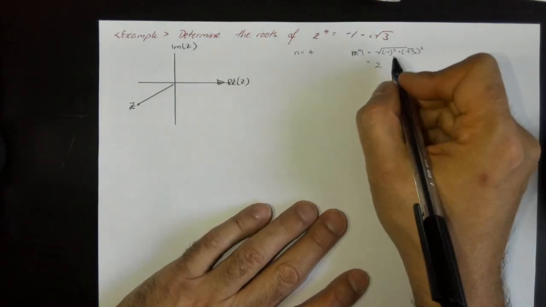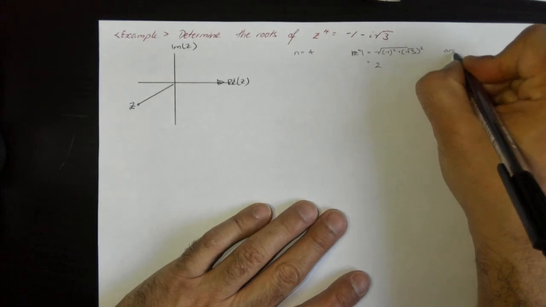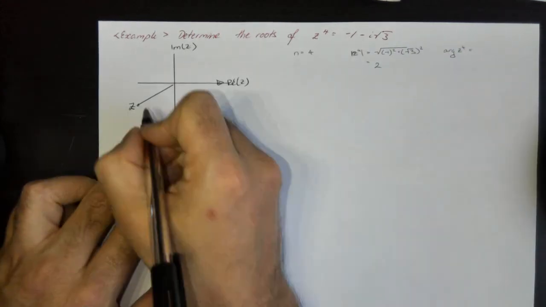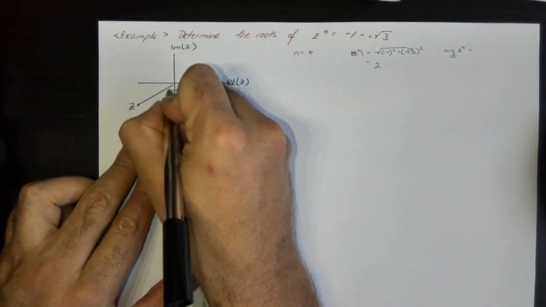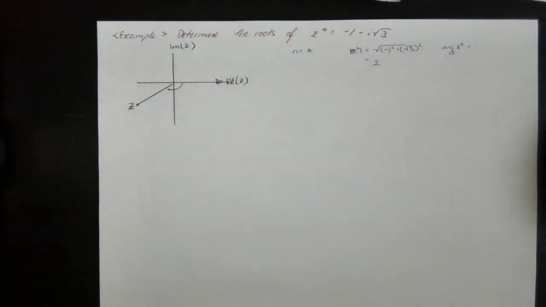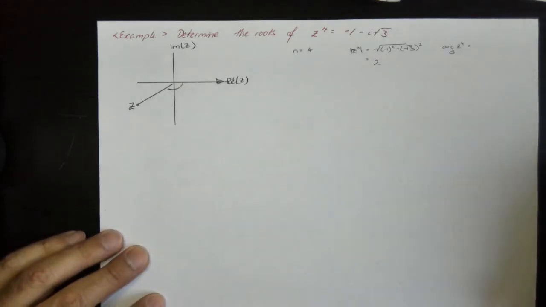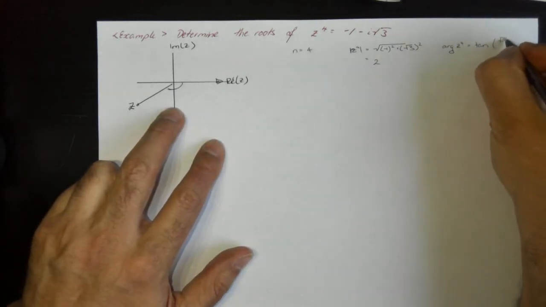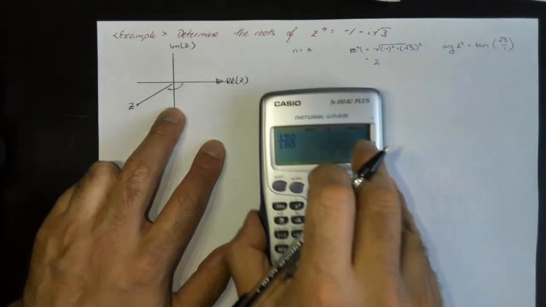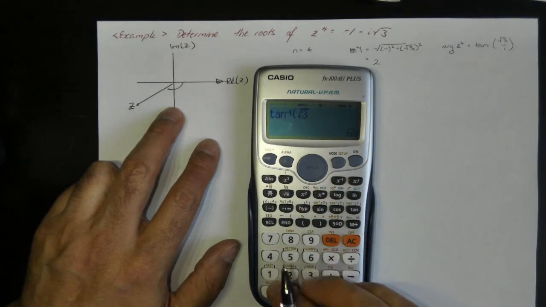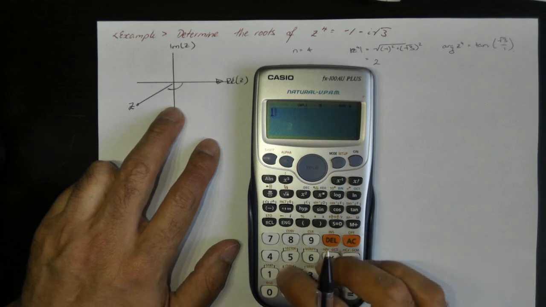So, yeah, and my argument, so I'm looking at this angle here. Okay. So tan of root 3 over 1 should be 60, so negative 120.